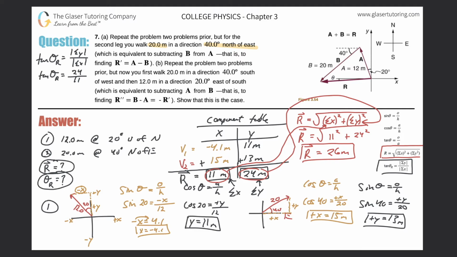So the theta value now is 65, we'll round to 66. That's in terms of degrees. Now we're almost done. We just now have to say, well, north of east or south of west or whatever. So how do we do this?